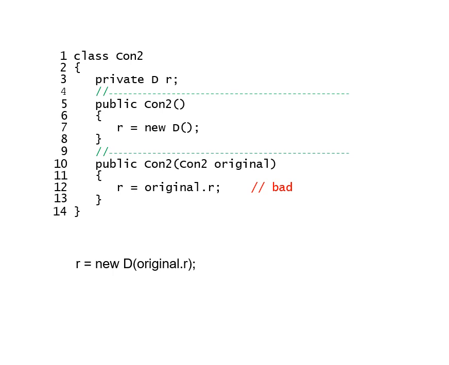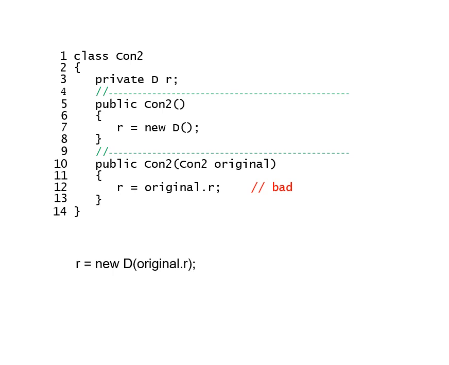And you're going to pass it the D pointer from the original one. Well, where do you have the D pointer? Well, original is pointing to the original one, right? So original.r is the R field in the original one, which is the D pointer, which is the pointer to the D object. So what you do is you invoke the copy constructor for D, passing it the D pointer in the original con2 object. And that creates a brand new D object, which is identical to the D object in the original one.